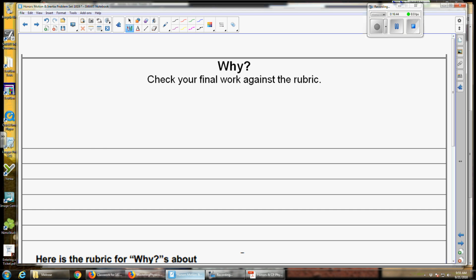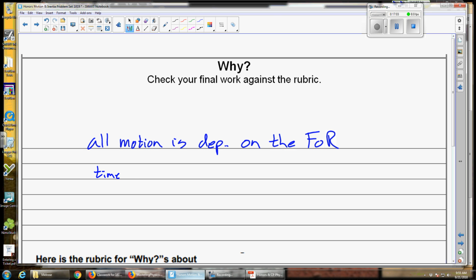So I would start off with something like: all motion is dependent on the frame of reference.